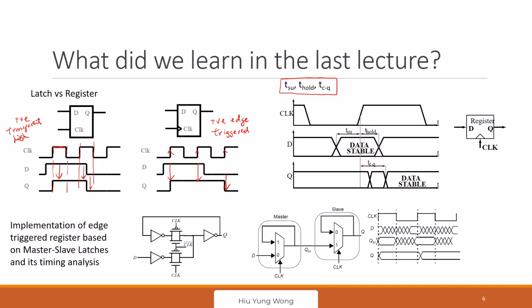Now, if no, here I just show an implementation of a latch. Based on this, can someone tell me whether this is a positive latch or negative latch, or transparent high or transparent low? So during the clock, what is the clock signal going to copy the data to the output?